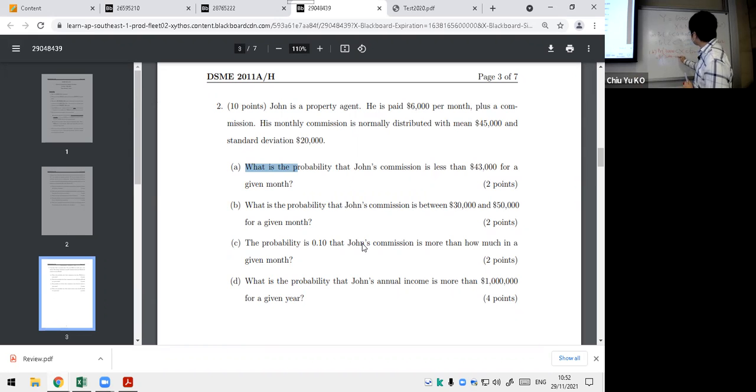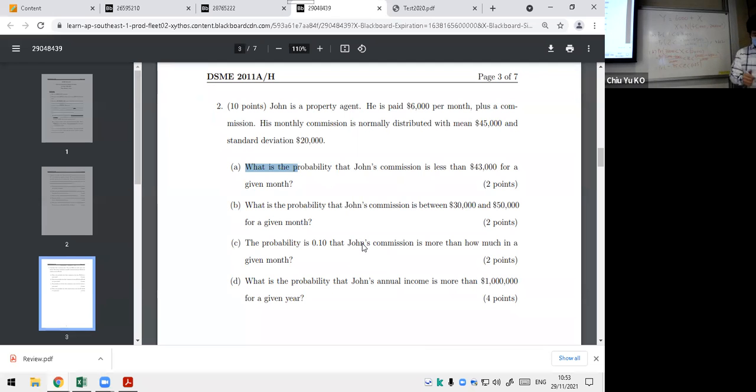So the number you got will be 0.25, and this is 0.75, if I recall correctly.